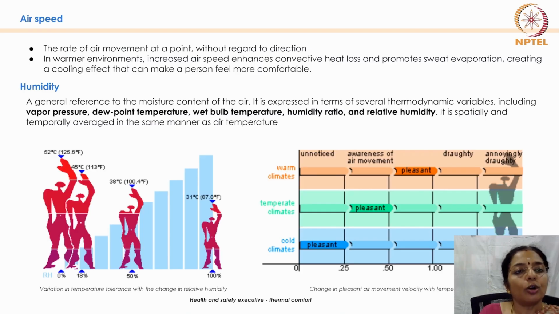The rate of air movement. Now we move on to air velocity and air movement. How quickly air is moving across a person is an important factor in thermal comfort. Even if the air temperature is not reduced, moving air in a warm or humid office can increase heat loss by convection, which explains why a fan can help us to feel so cool.